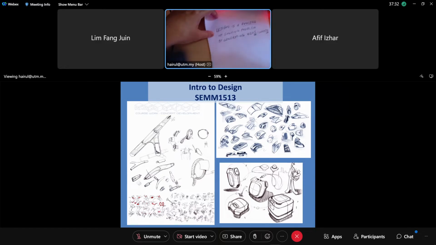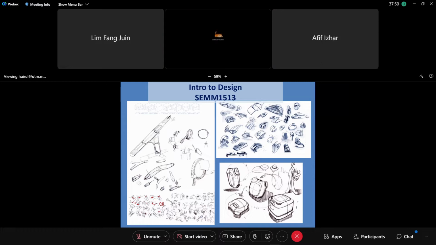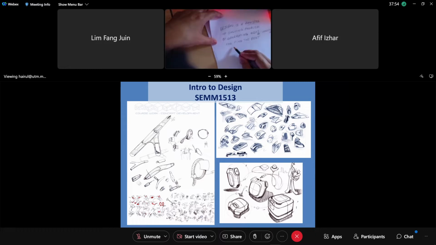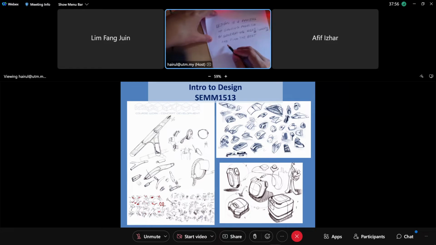Then you find the best solution. You evaluate concept solutions through filtering. Then which one is the champion? That is the best. Last word: find the best.